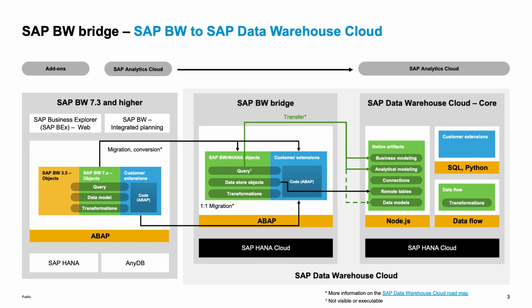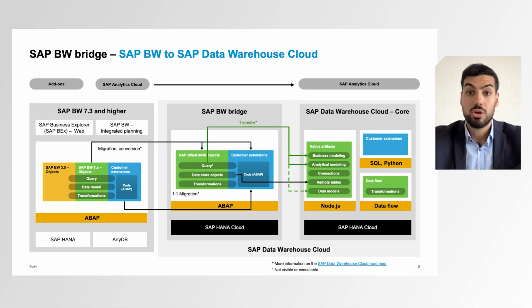As you can see, SAP BW Bridge is part of SAP Data Warehouse Cloud, and in general, it helps to accelerate the transition to cloud data warehousing while protecting previous investments, coming from an SAP BW 7.3 up to SAP BW 4HANA 2021 system.